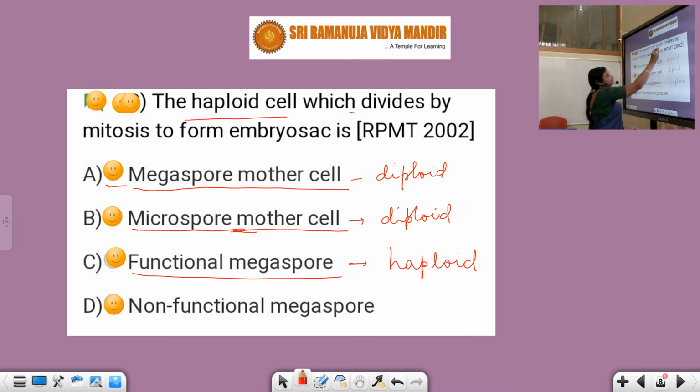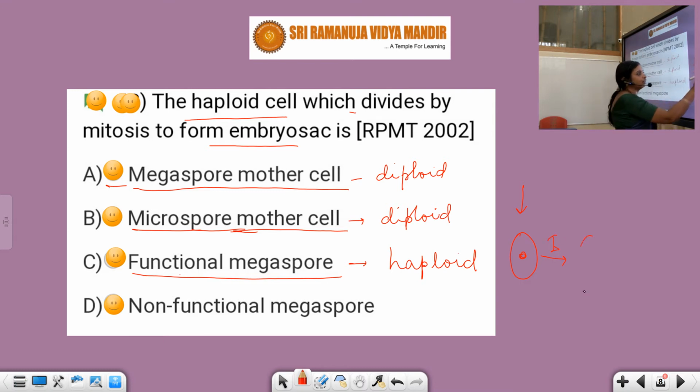The haploid cell which divides by mitosis to form embryo sac: the functional megaspore undergoes 3 mitotic divisions. So if you see here, this is the functional megaspore. After the megaspore mother cell undergoes meiotic division and forms a tetrad of megaspores, 3 degenerate and 1 remains as functional megaspore. How many mitotic divisions take place to form the 8 nucleate, 7 celled embryo sac?